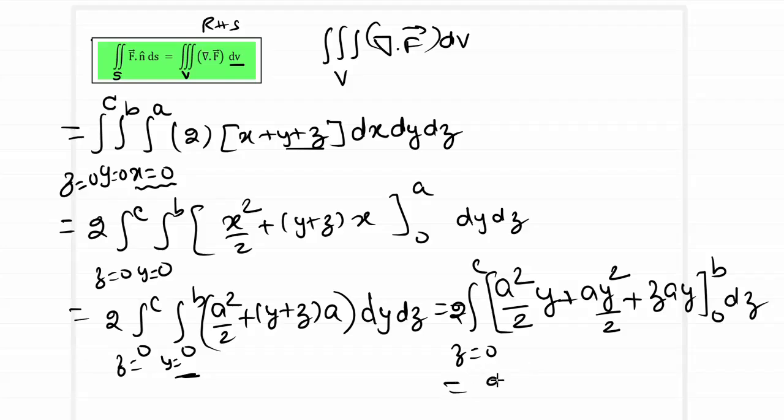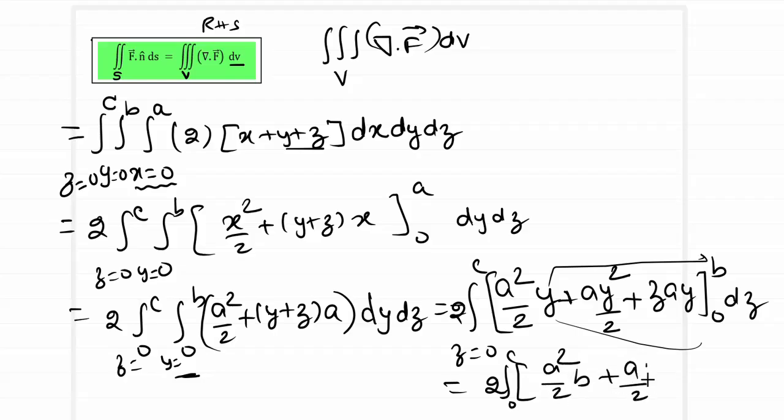Now y takes the upper limit and the lower limit. So it becomes a square by 2 times b plus a by 2 times b square plus z a b. dz is still there. Lower limit on applying 0 will be 0.